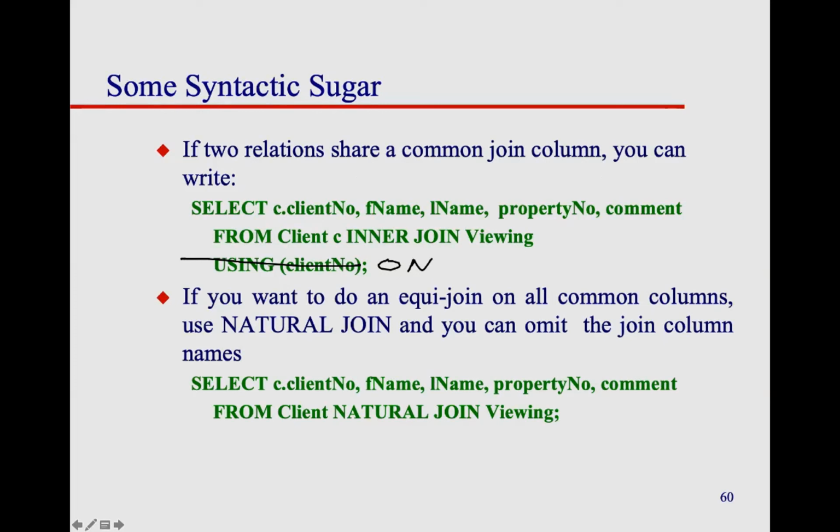For example, C dot client number equals, now I'd have to put a V here, equals V dot client number. Obviously more verbose, not something you want to do if you can avoid it, but you can also use an on statement like that. If there were multiple equalities, you would separate them with ands. Okay, so that is some syntactic sugar.